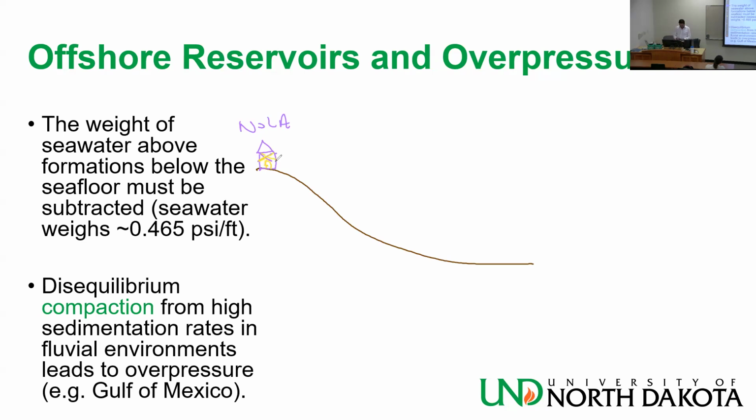Now continuously, year after year, you have the water. This is the Gulf of Mexico, right? This is the delta. The water flows into the Gulf of Mexico, but it's not just water, it's also sediment.